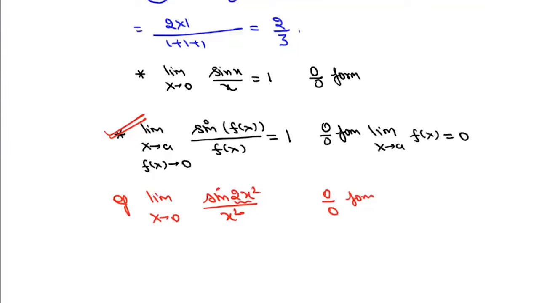So what we'll do is we'll multiply and divide everything with 2. Now this is sin f(x) upon f(x), and when x tends to 0, f(x) tends to 0. So here it becomes the standard limit sin f(x) upon f(x). So this value will be 1. So the answer to this limit will be simply 2. So it is not just x. It will be any f(x) provided when x approaches a, f(x) approaches 0.